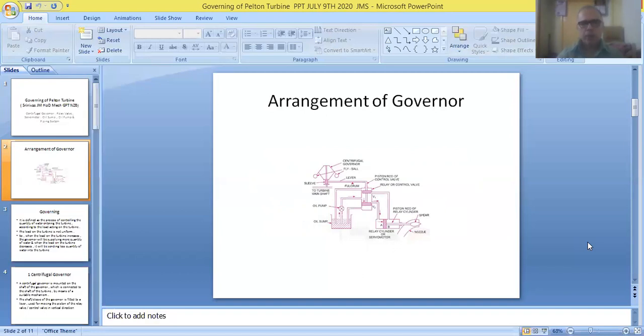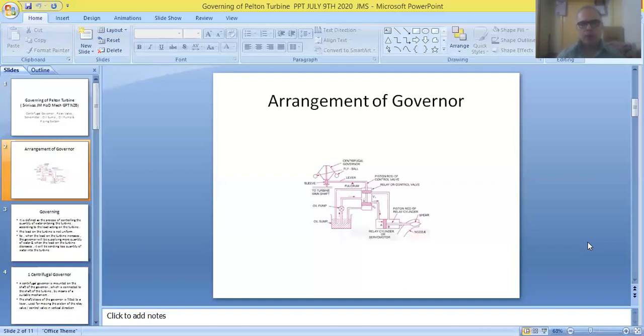By controlling the quantity of water, we can control the speed of the turbine, and by controlling the speed of the turbine, we can control the speed of the generator, and finally, by controlling the speed of the generator, we can protect the life of the generator.